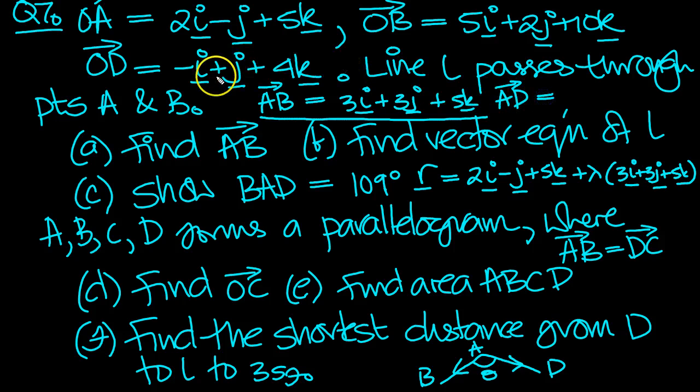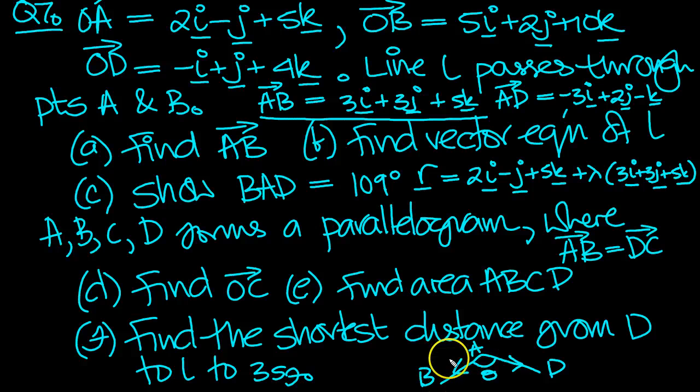D minus A. So minus 1 minus 2 is minus 3. 1 minus minus 1 is plus 2. And 4 minus 5 is minus 1 lot of k. So there's AD: minus 3, plus 2, minus 1. That's fine.